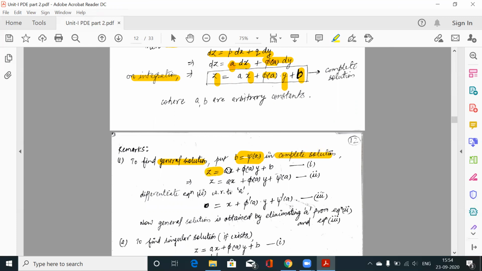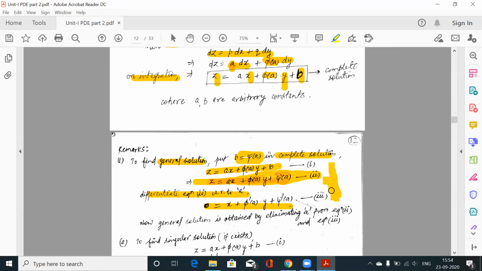So this is our complete solution. Replace b by a function of a, so that is equal to ax plus a function of a times y, and we are writing psi of a as the value of b. Now this totally comes in terms of a. Now for the general solution, we differentiate this equation with respect to a, so we are getting this. Now we have to eliminate a from these equations: the complete solution and equation 2.